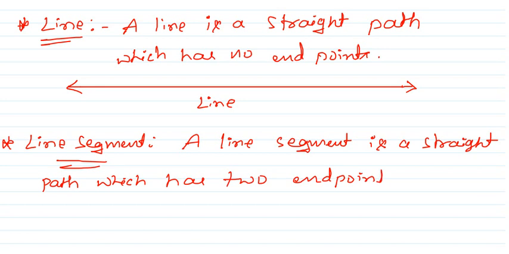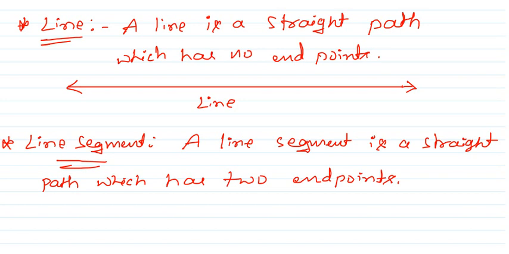When we consider a straight path as a line segment, that segment must contain two end points.